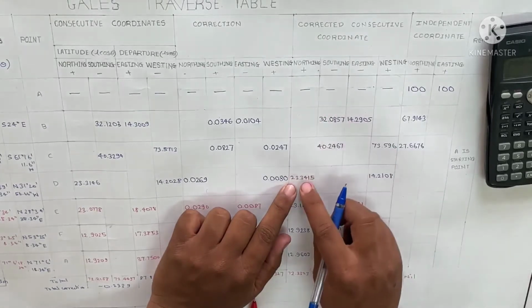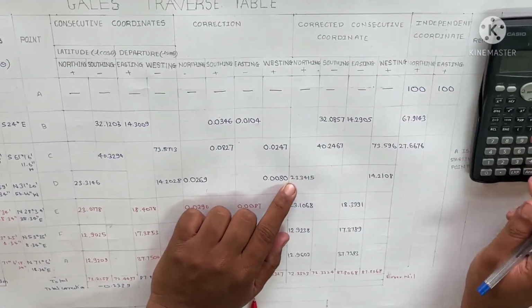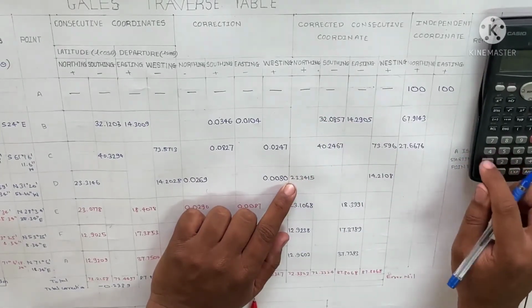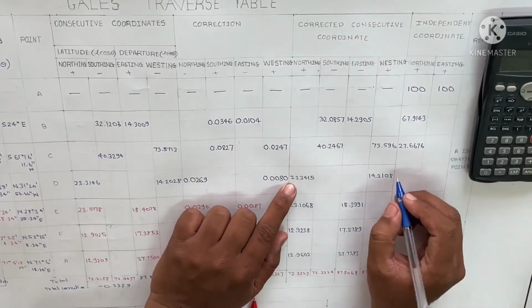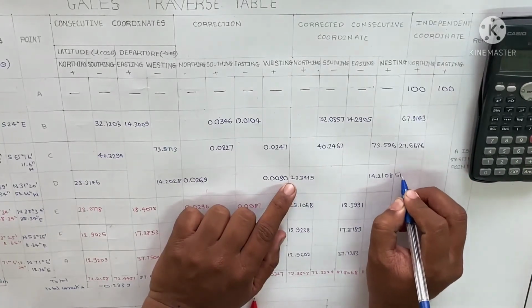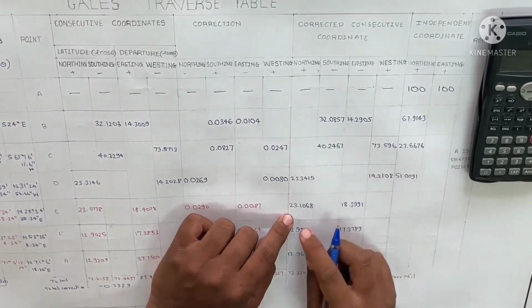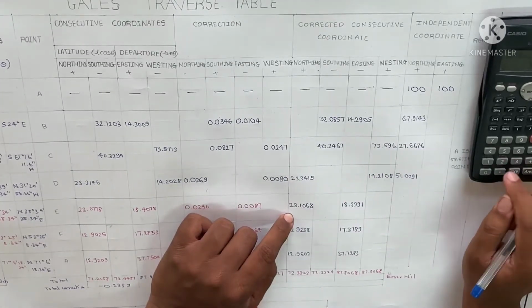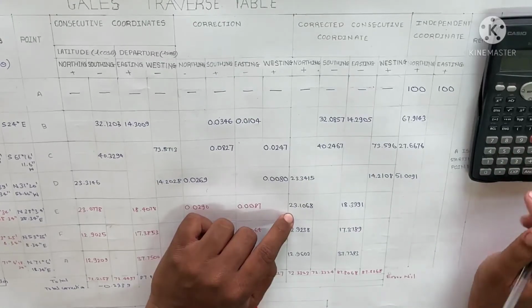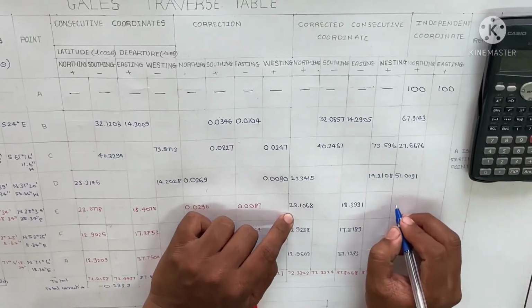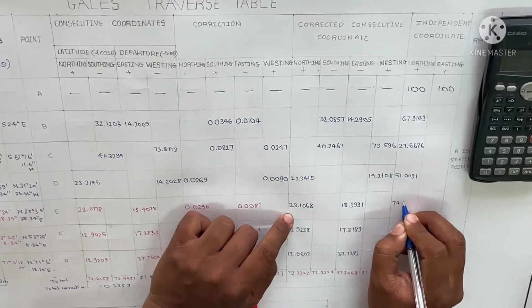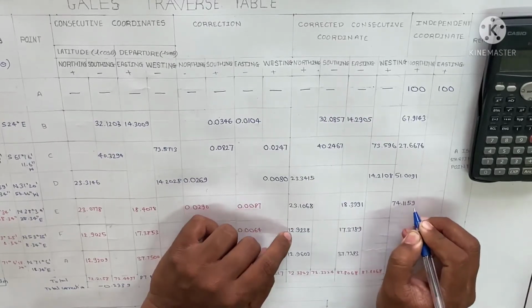Now the value is in northing, so we add 23.3415, which comes out to be 51.0091. Again it is northing, we add 23.1068, so it is 74.1159.